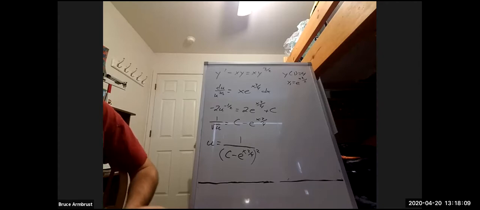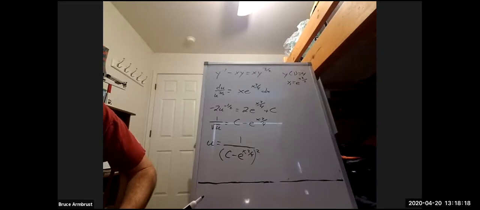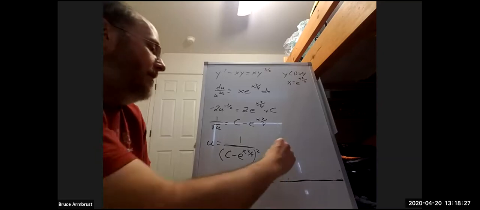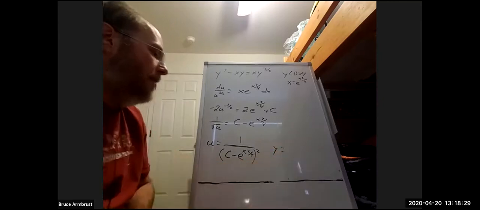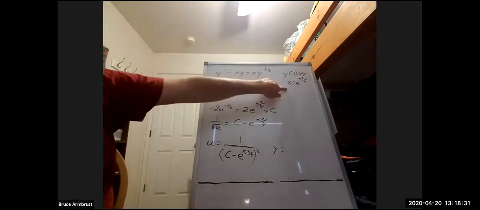All right, so then what do we do with this u? Put it in the equation, y equals u y1. The whole point of this u business, the integrating factor, is that this is what we multiply to the known solution. So y then is going to be u times y1.